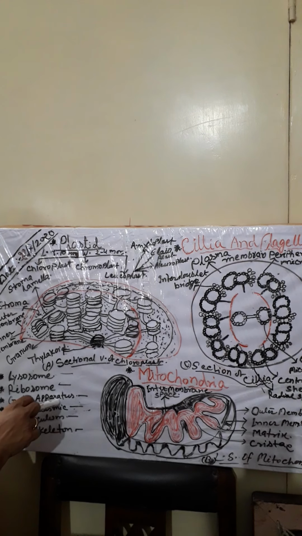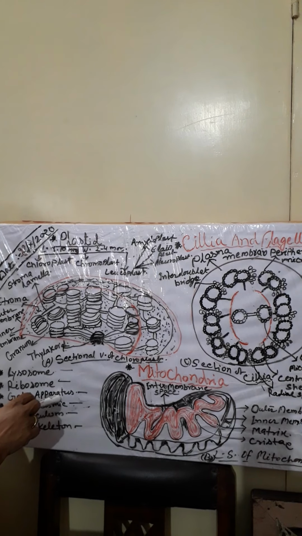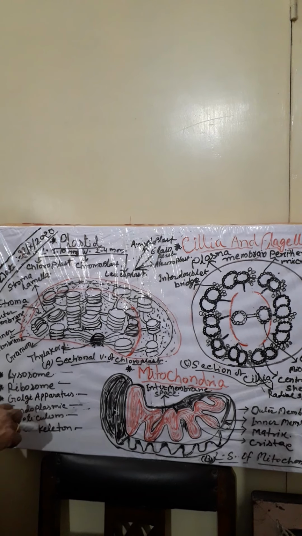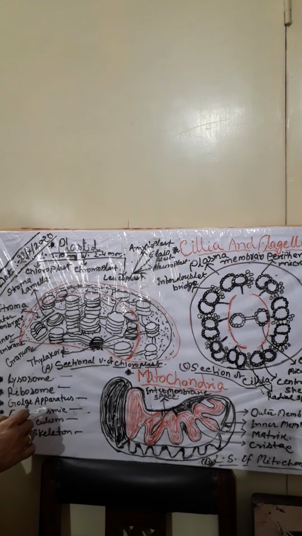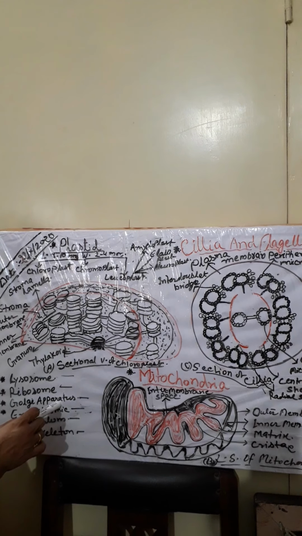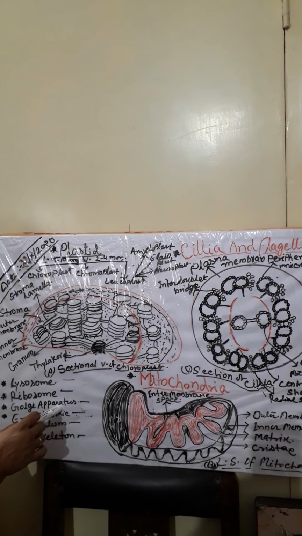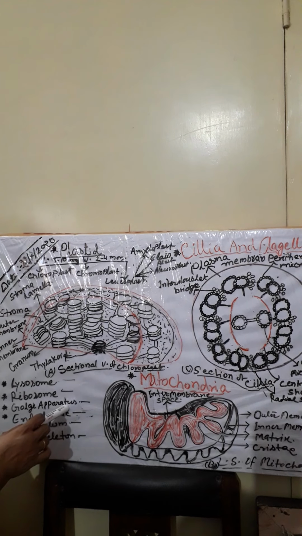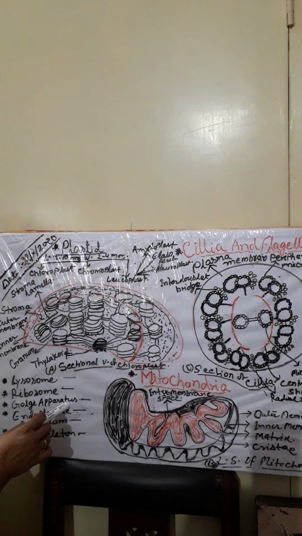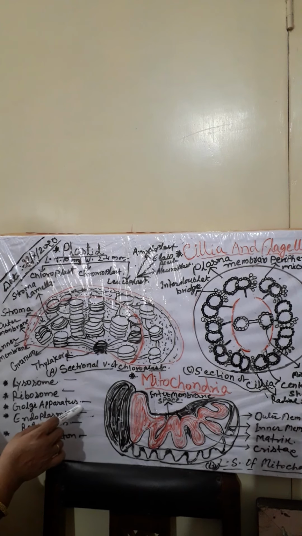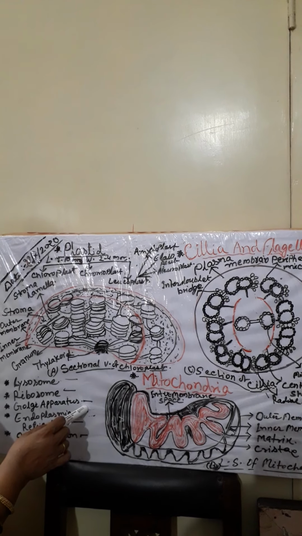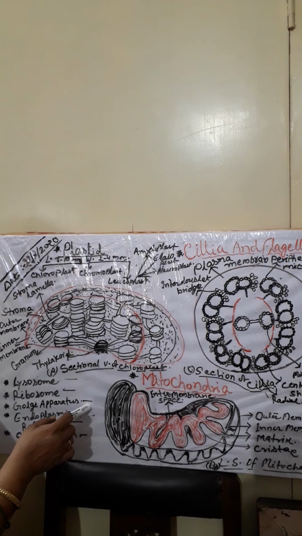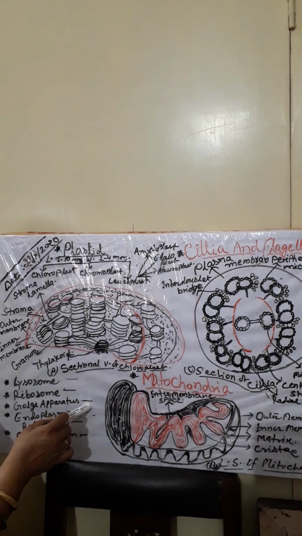A number of proteins synthesized by ribosomes on the endoplasmic reticulum are modified in the cisternae of the Golgi apparatus before they are released from its trans face. So the Golgi apparatus is an important site of formation of glycoproteins as well as glycolipids.